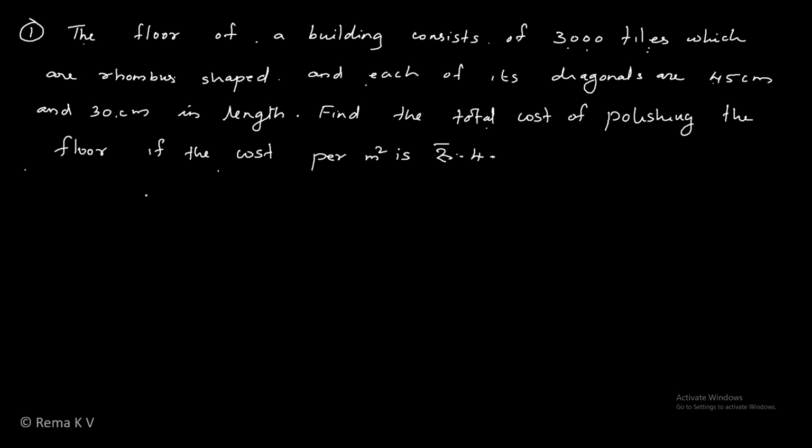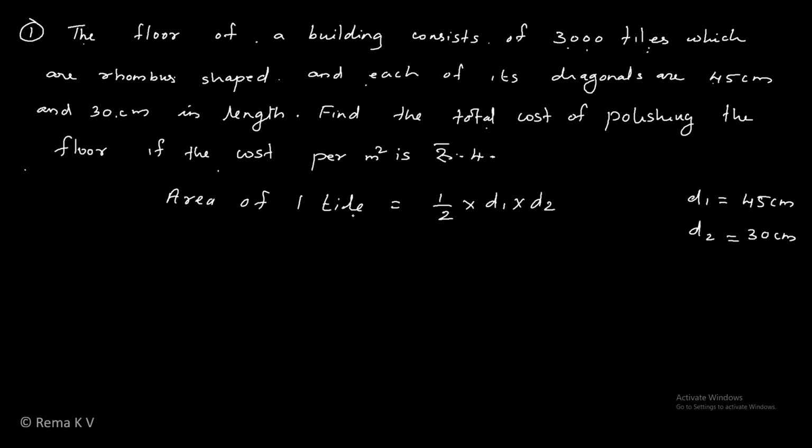So for that, first let us find the area of one tile. The tile is in the shape of a rhombus. So you have to find the area of the rhombus, and it is half into D1 into D2. D1 is the first diagonal, which is given as 45 centimeter. D2 is the second diagonal, which is given as 30 centimeter.